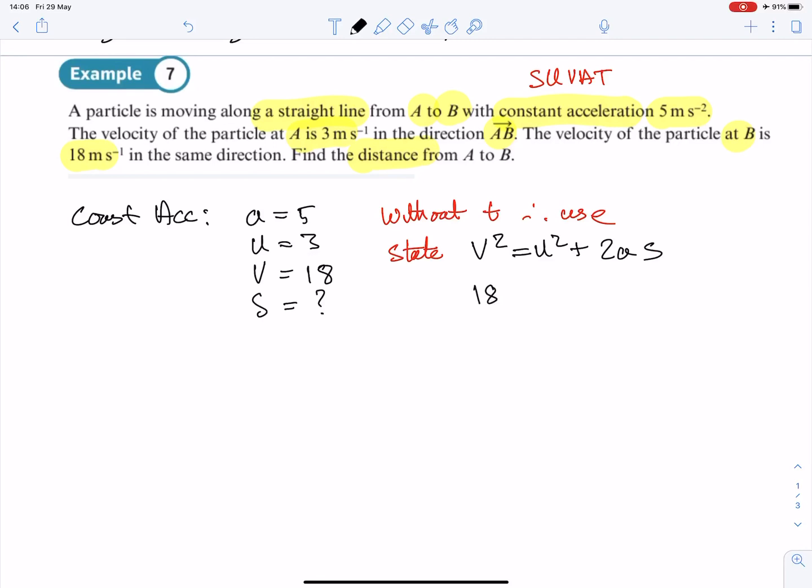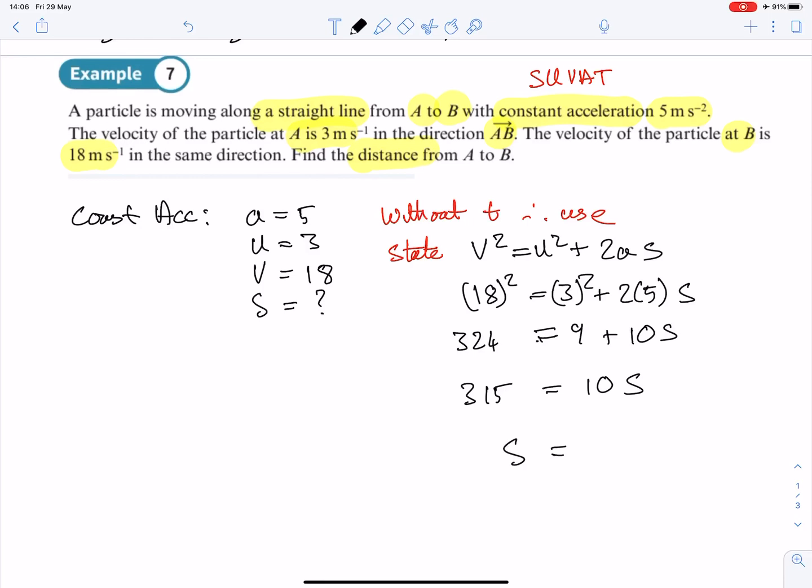Substitute in the values: 18 squared equals 3 squared plus 2 times 5 times s. 18 squared is 324, equals 9 plus 10s. Subtract the 9, we get 315 equals 10s, so s is 31.5 meters. So fairly straightforward.